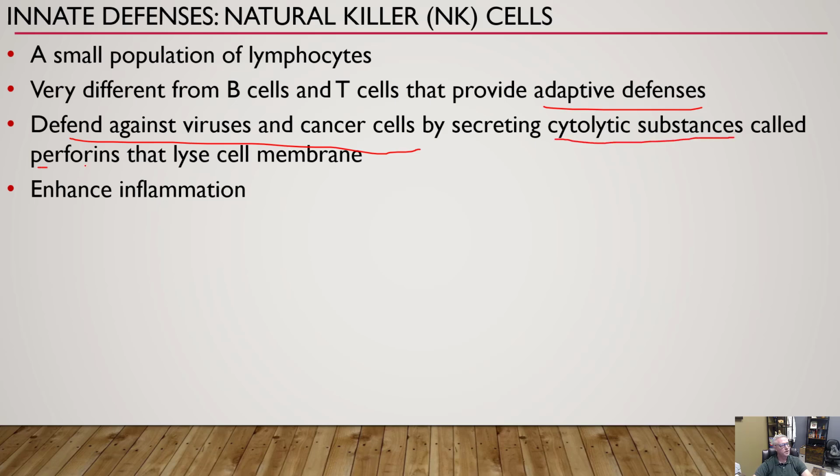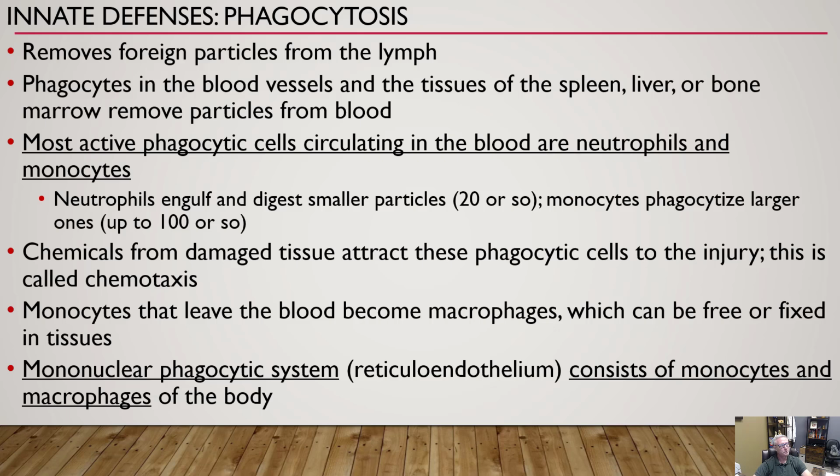We call them cytolytic substances that lyse the cell membrane or break up the cell membrane. So cytolytic, cyte means cell, and lytic, think of lyse, L-Y-S-E, glycolysis or glycogenolysis. Lyse means to break up. And it's just going to help enhance that inflammatory process.